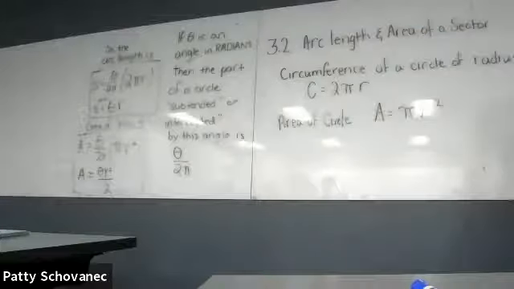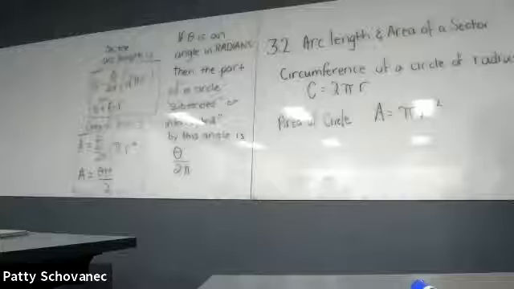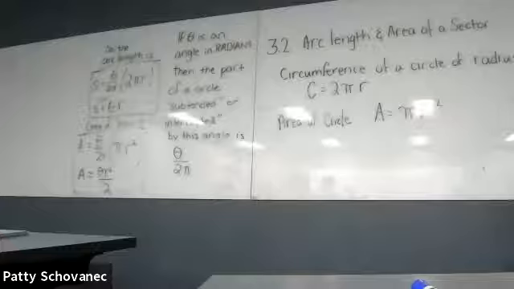I give you s and theta, you find r. I give you s and r, you find theta. Just remember, every single time you work with this, we're talking about radians. They're easy formulas to remember. They're easy formulas to use. The only thing that you need to be able to control is keep in mind, we are working in radians.